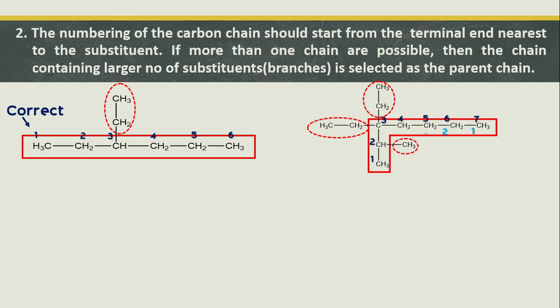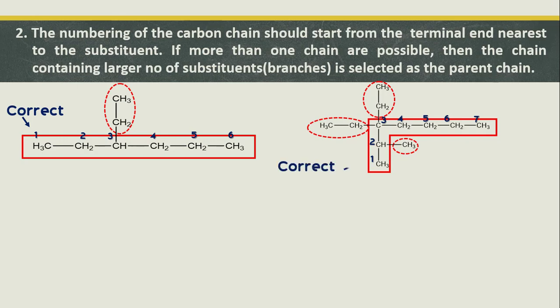However, this one is rejected because the carbon atom occupies the 5th position. In the first case, we have seen that the methyl group occupies the 2nd position. So the numbering is started from the lower end. Okay, this one is the correct numbering.